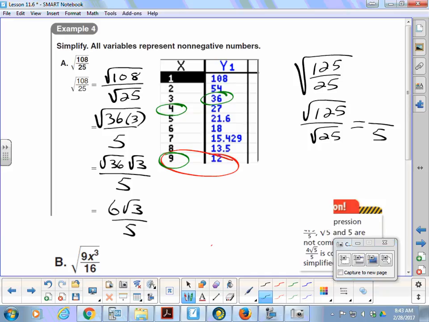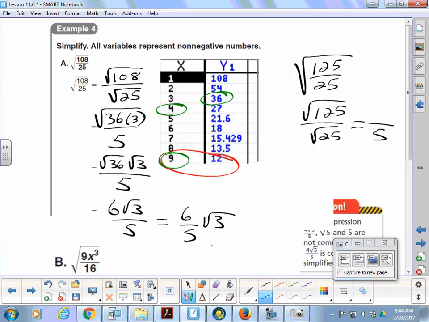And once in a while you may end up in a situation where your 6 and your 5 have a common factor also that you could simplify that part of the fraction. But make sure when you write your answer, you have 2 options. You can write it like this, which is what I would suggest. Or you could actually write 6/5, where the square root of 3 is basically in the middle.